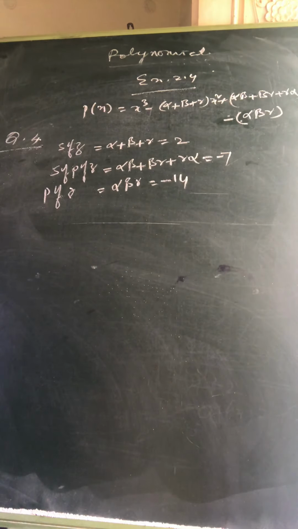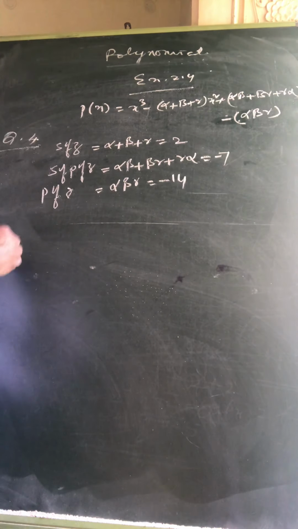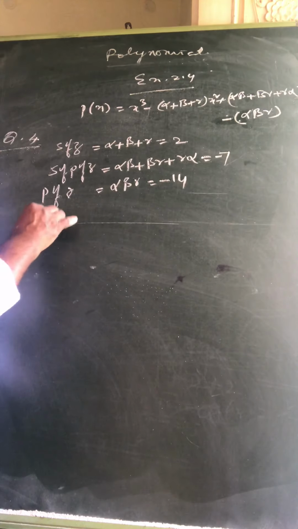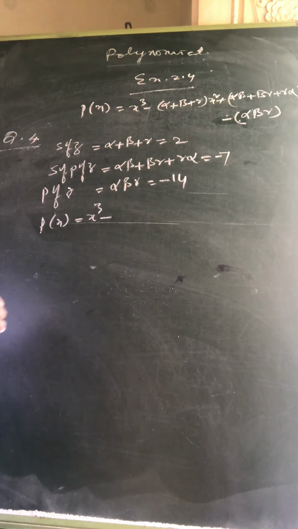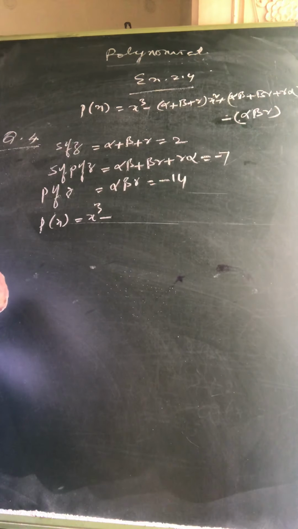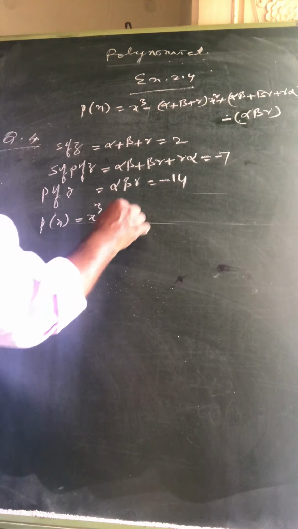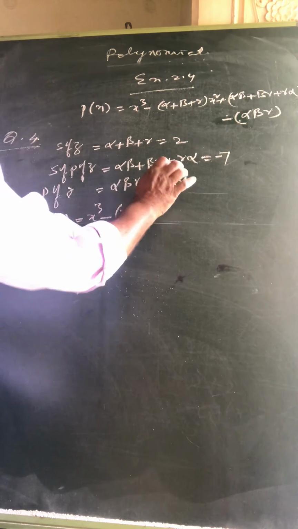Now he is asking to write the cubic polynomial. The cubic polynomial p of x is equal to x cube minus the sum of zeros times x square. How much is the sum of zeros? Alpha plus beta plus gamma is equal to minus 2.